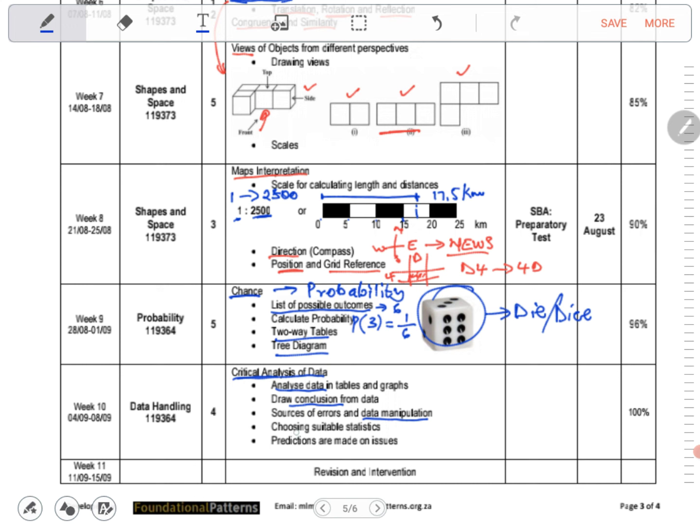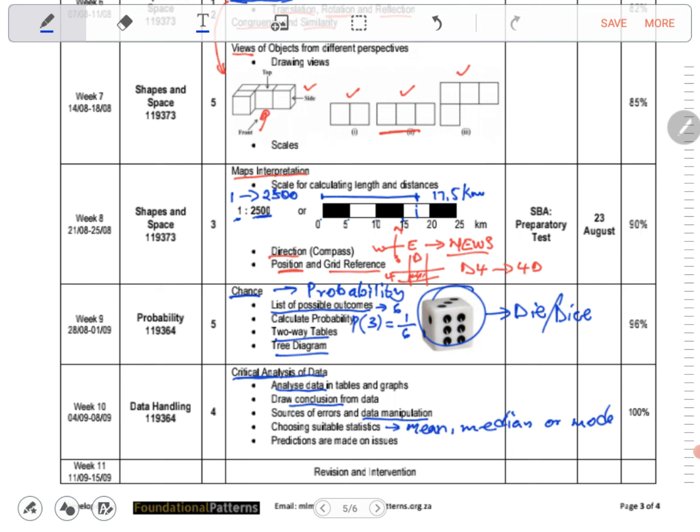And then we might have to choose a suitable statistic. So is it better to use the mean, the median, or the mode? All right, so if for instance you are dealing with shoe sizes for women, you might be dealing with shoe sizes from size 3 up to size 8.